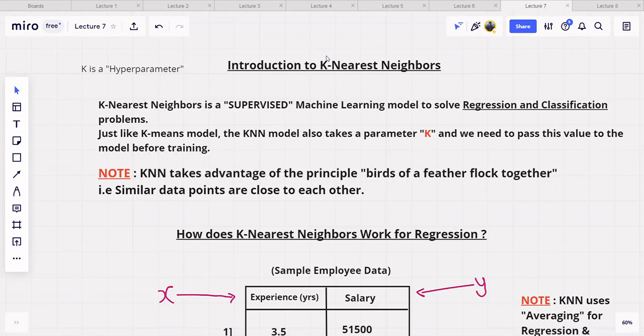So just like k-means clustering, the k in k nearest neighbor is also a hyperparameter. And k is a discrete value. Just like k-means clustering, k can be anything from 1 to 3, depending upon your data set. So remember, k is a hyperparameter and it is a discrete hyperparameter.